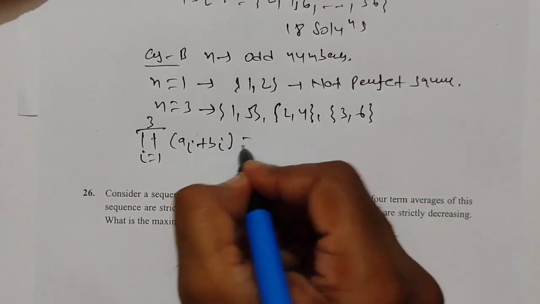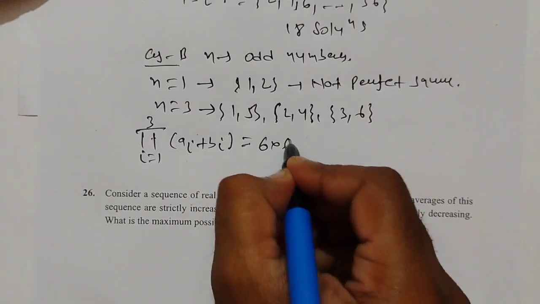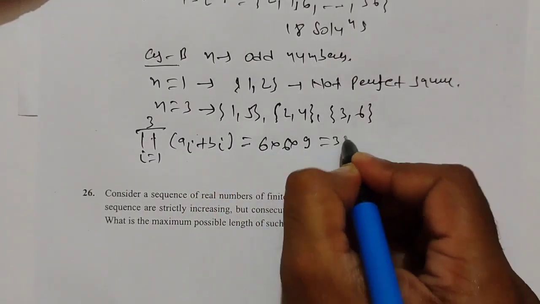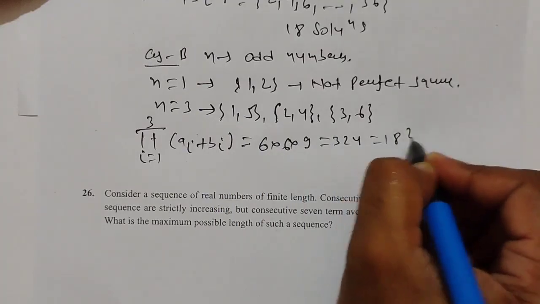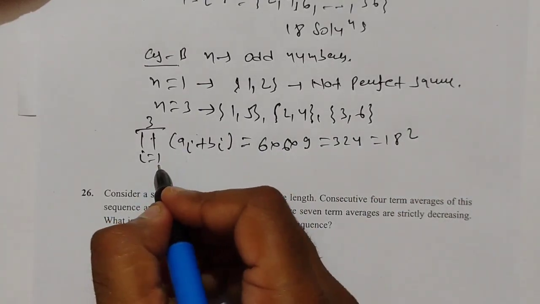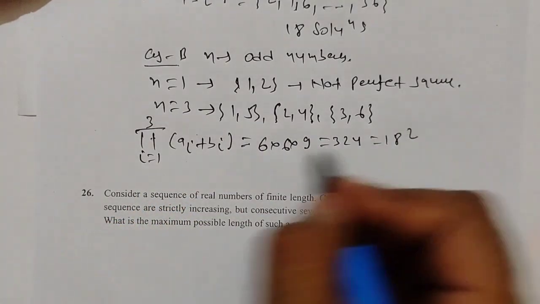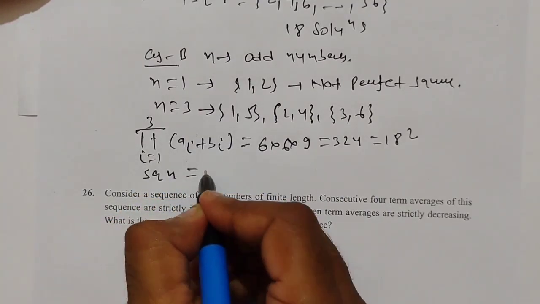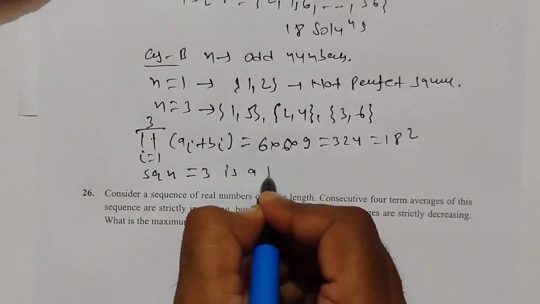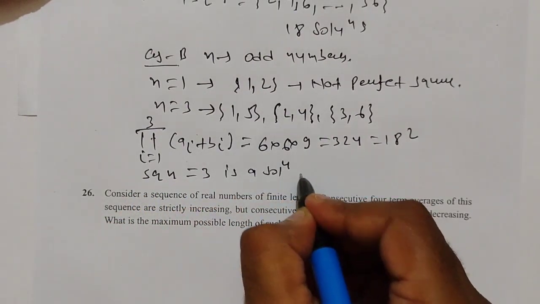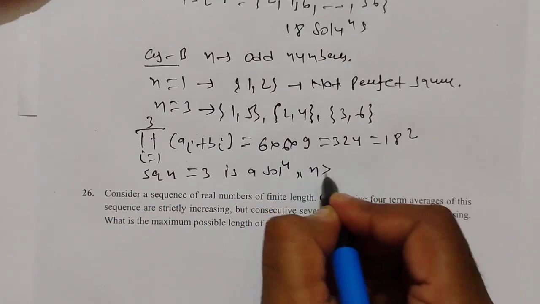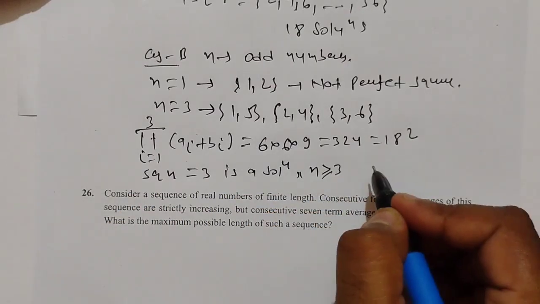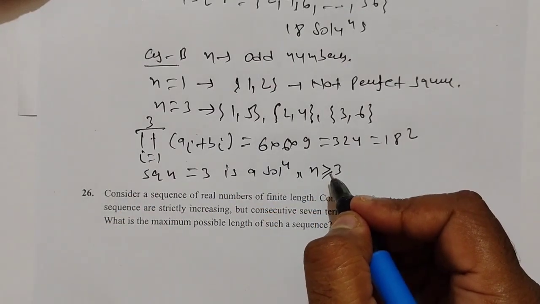This is equal to 6 into 6 into 9 is equal to 324 is equal to 18 squared. And now n equal to 3 is a solution. This is for n greater than or equal to 3. We can include the value 3 also.